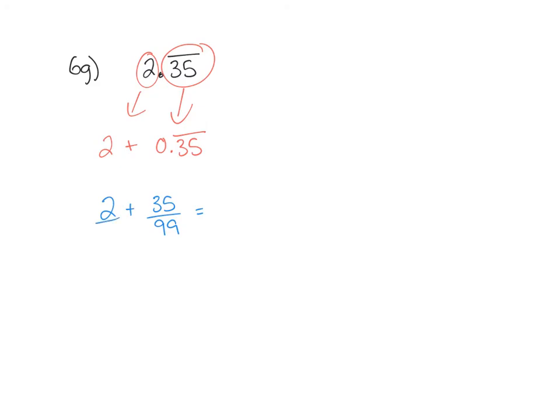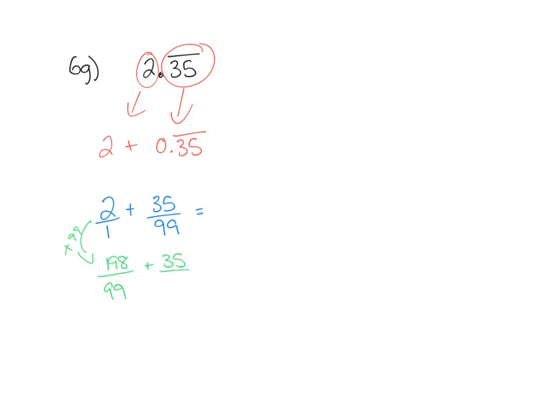Now in order to add these, I need a common denominator. So this 2 is the same thing as 2 out of 1. So I can't make them both out of 1, but I can make them both out of 99. So if I multiply this by 99, I will get 99 on the bottom and 198 on the top.